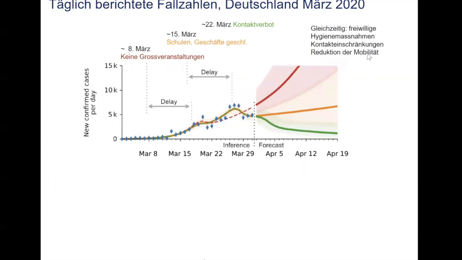For example, some colleagues who published in Science, in their first results at the beginning of the pandemic, could project how it would proceed if different interventions, no interventions, some interventions, and strong interventions would take place, and you can project how things are going to develop.